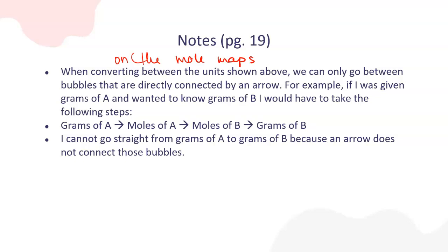So if we're given grams of something but we want grams of something else, we have to go from grams of A, the given, to moles of A, to moles of B that we want, to grams of B. We can't go straight grams to grams. We have to change it to moles first, okay? Moles are like the great crossroads of stoichiometry because it goes to everything.